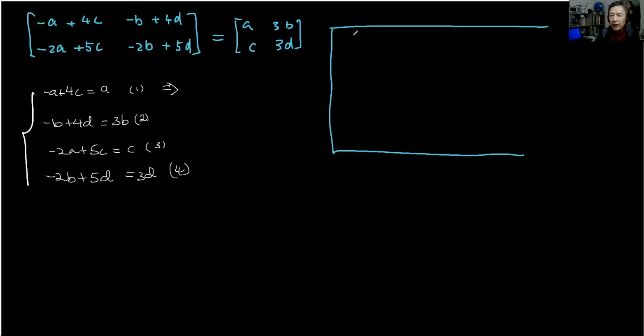So basically, if you have lambda 1 equal to 1 and the first eigenvector is 2, 1. And lambda 2 equals 3, and the second eigenvector is 1, 1.